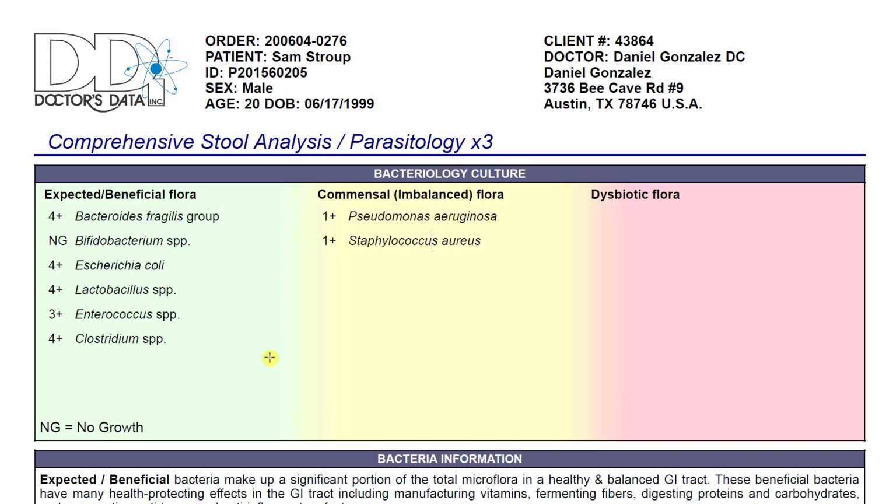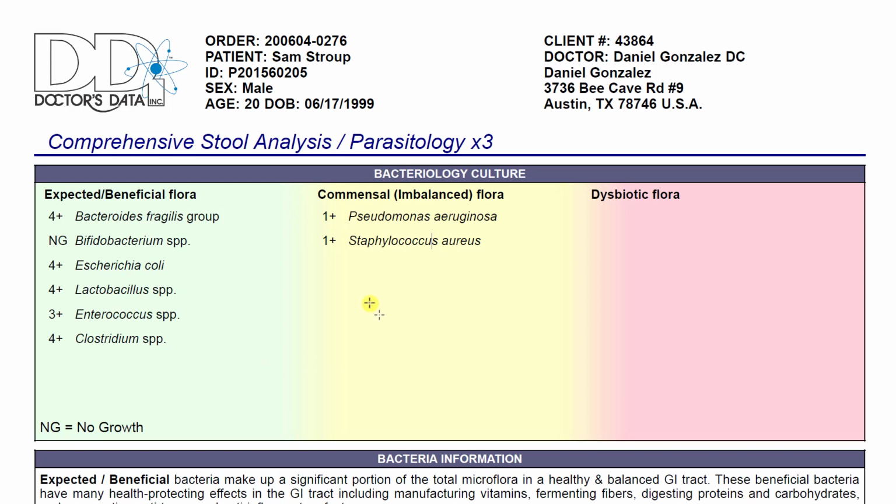So they instead do what's called a keystone species survey, which are the species that are absolutely necessary for human health, and that's what we get screened for. We also screened you for pathological bacteria, parasites, worms, amoebas of different types, and then several inflammatory compounds.